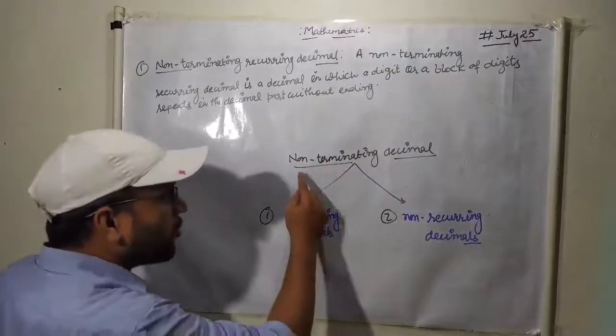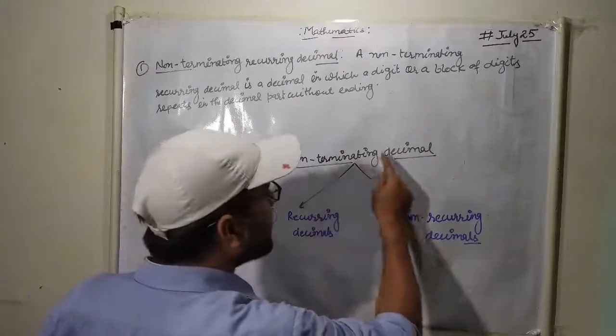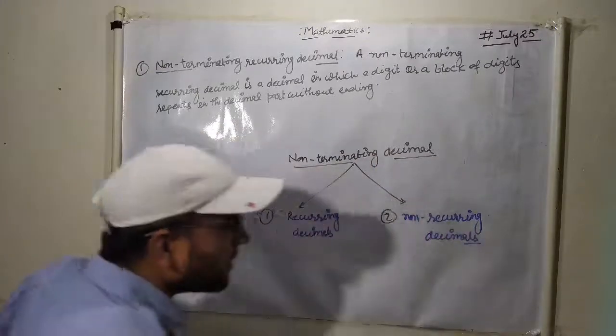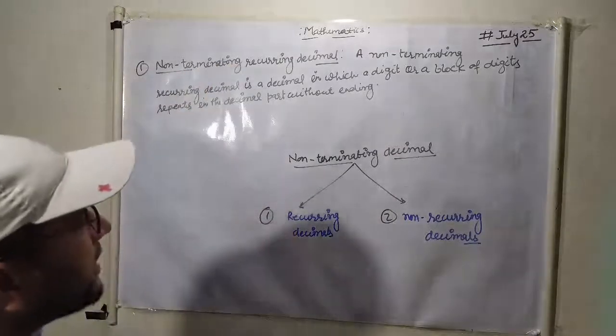First one is a non-terminating recurring decimal and the second is non-terminating non-recurring decimals. So the first one I will explain here, non-terminating recurring decimal.